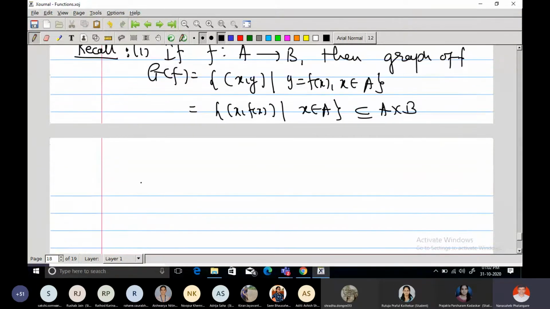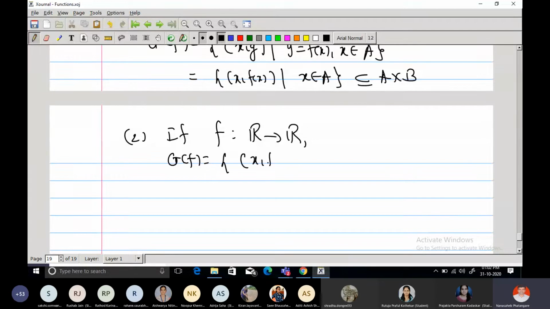So now, if f is a function from R to R, then what is the graph of f? The graph of f is (x, f(x)), x in R, and so it is a subset of what? R cross R. So this is clear.